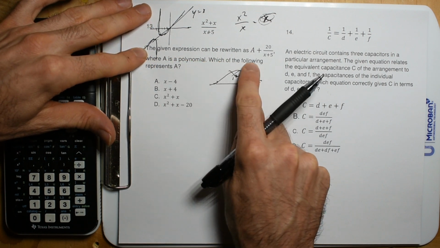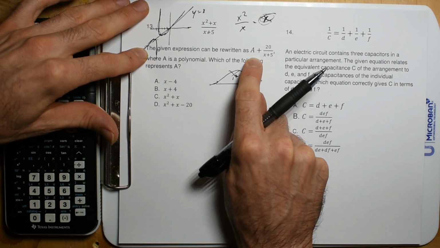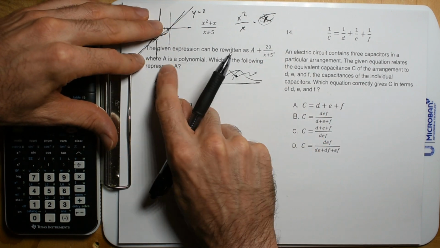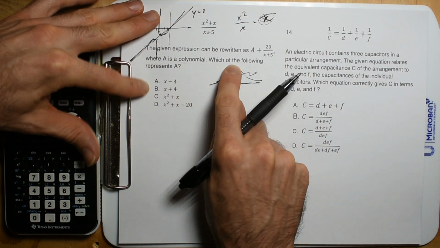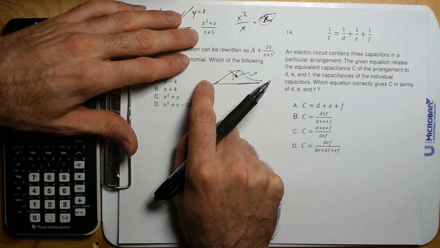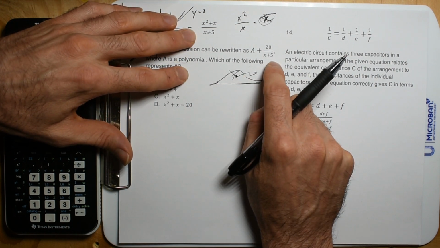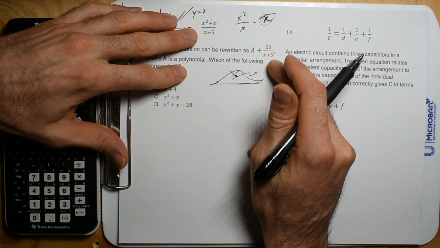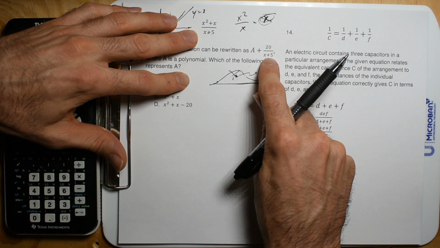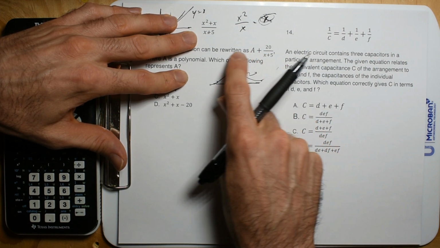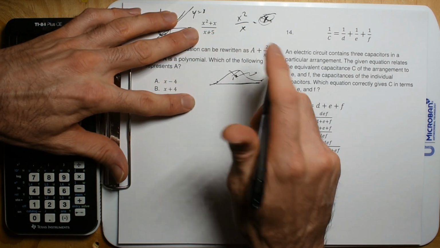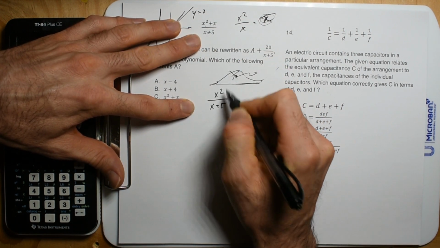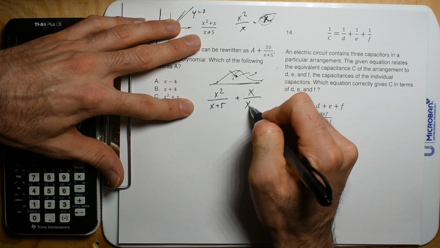All right, so the given expression can be rewritten as A plus 20 divided by x plus 5, where A is a polynomial. Which of the following represents A? What we'd probably do is, because you could say this thing is just x squared divided by x plus 5 plus x divided by x plus 5.